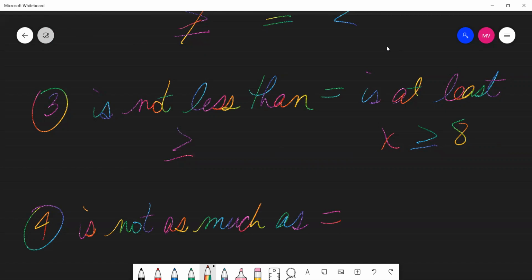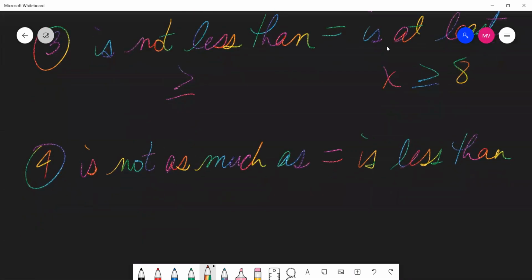See, "does not exceed" means it can equal, but it can't be more than. "Not as much as" or "is less than" means if it equals, it doesn't work. So this is less than, not less than or equal to.